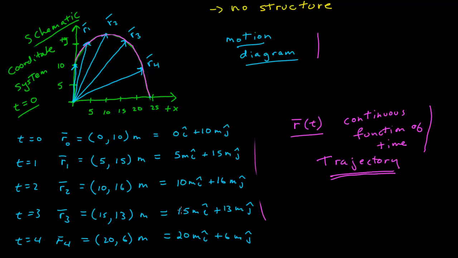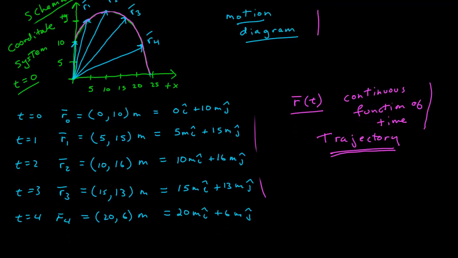In fact, if I were to take these motion diagram values and fit them to a function, I could find that the trajectory of this particular particle as a function of time is equal to 5t, where t is time, meters i hat, plus 10 plus 7t minus 2t squared meters j hat.